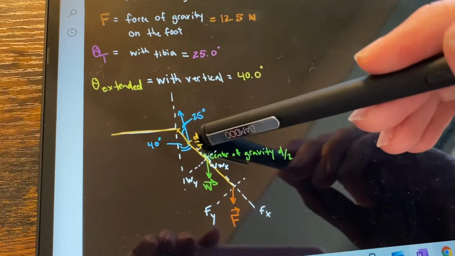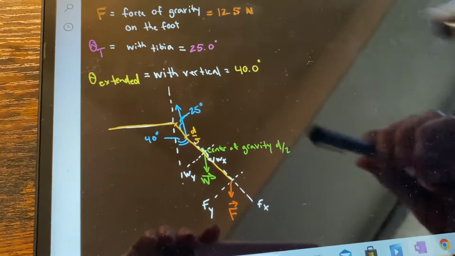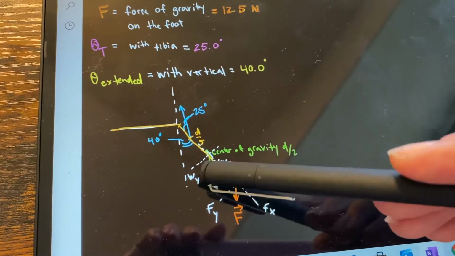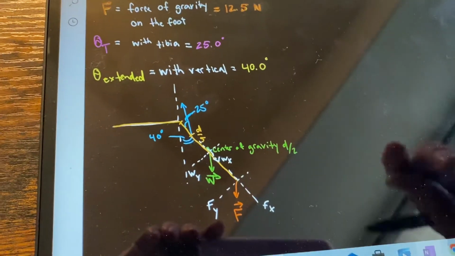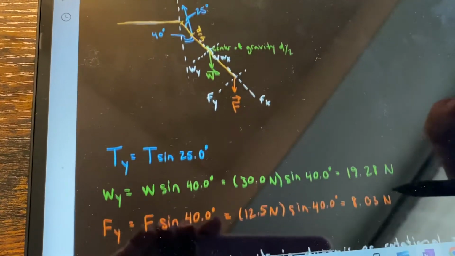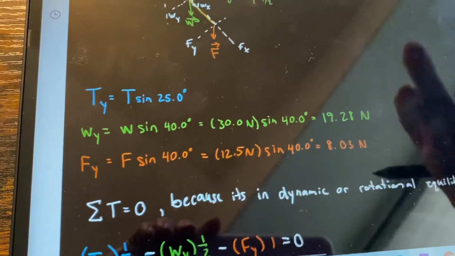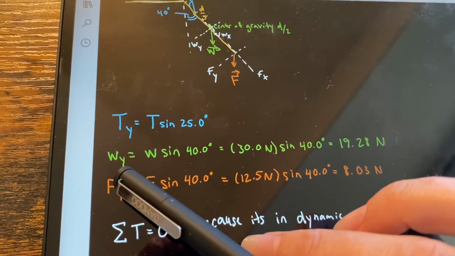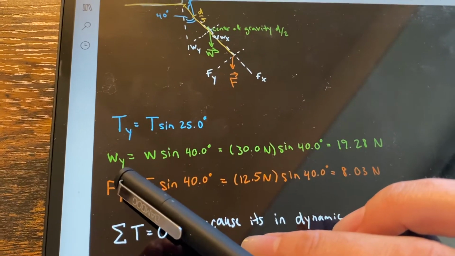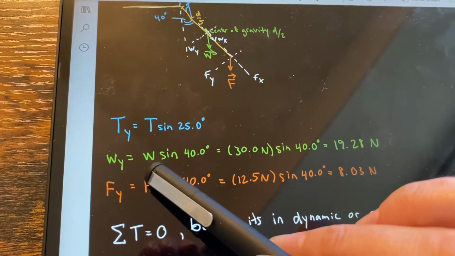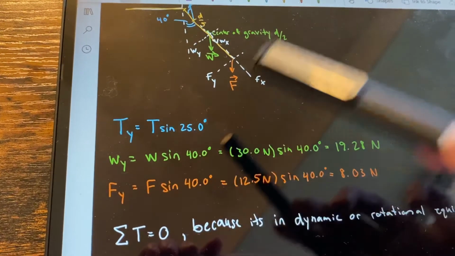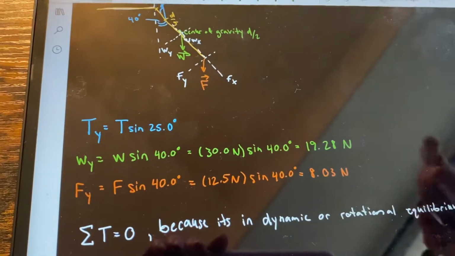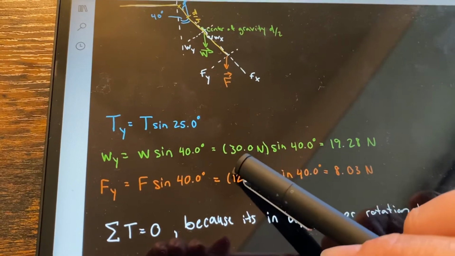Attached a fifth of the way down. Here's my center of gravity. The components of each force, we only really care about the y component, and so we set it up for the weight force of y at the midpoint at the center of gravity, which was the sine of 40 degrees, and then putting in the force at those points.